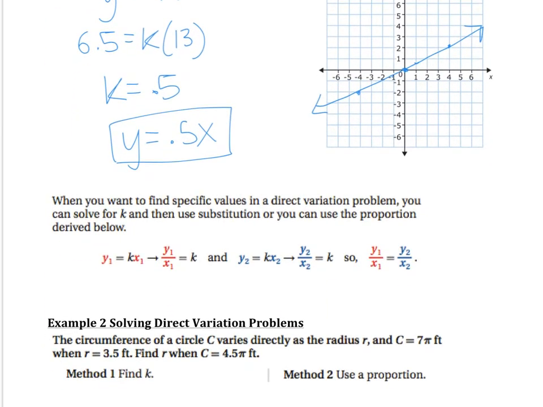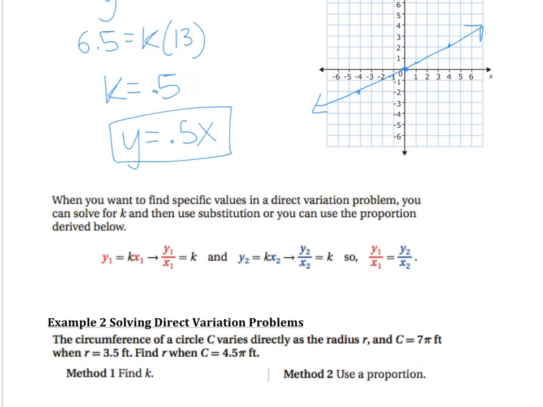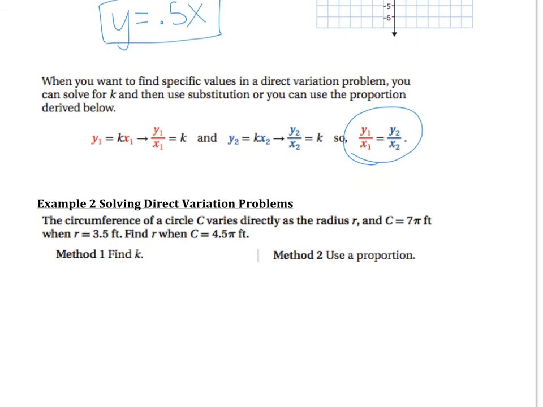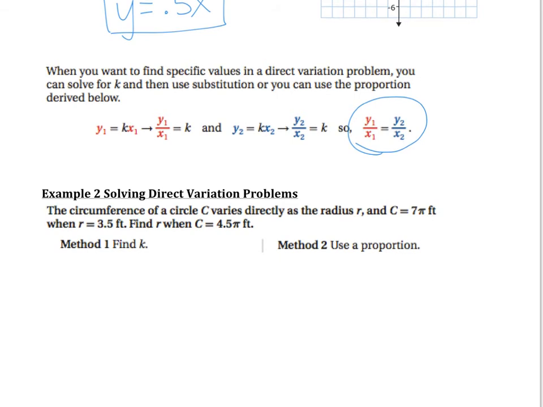When you want to find specific values, you can solve for k, then use substitution, or you can use proportions derived below. And I will show you in the next problem how to use the proportion.